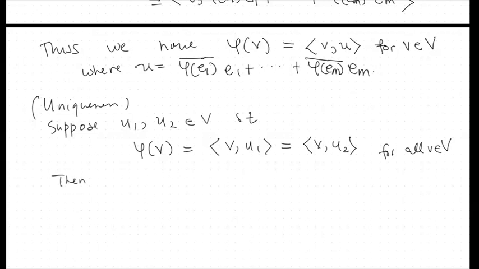Then what can you say? 0 is equal to the inner product of V with U_1 minus the inner product of V with U_2.